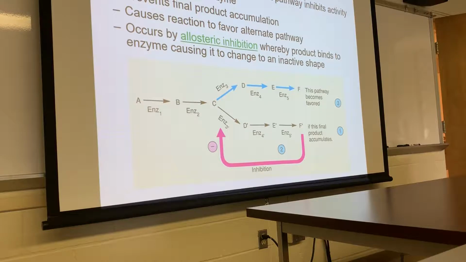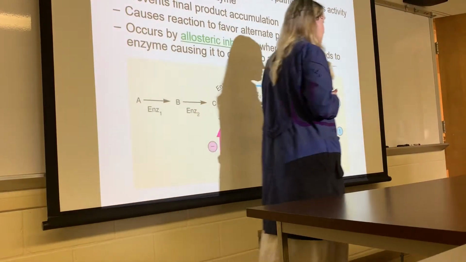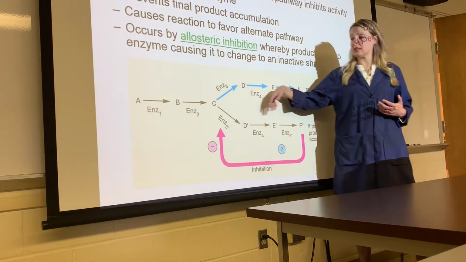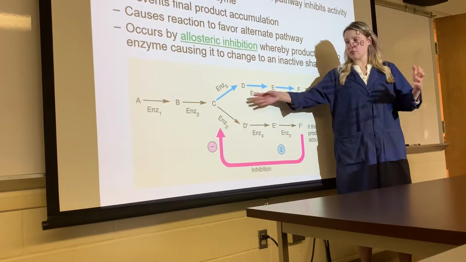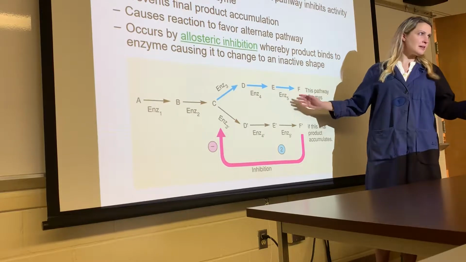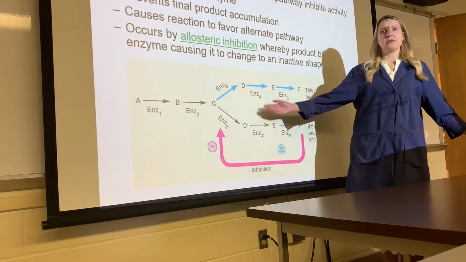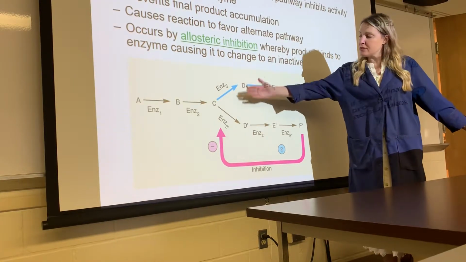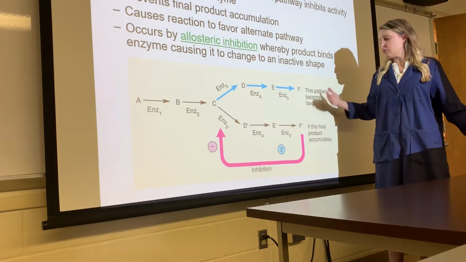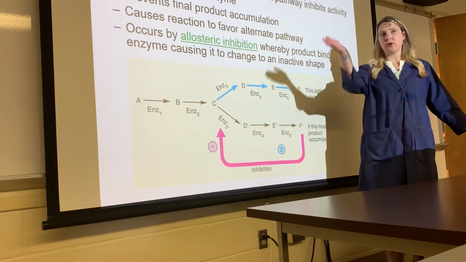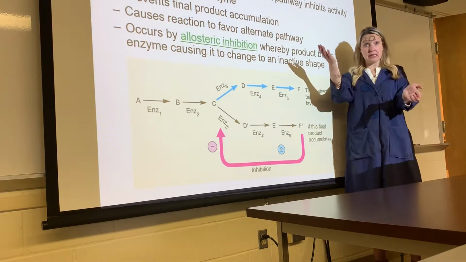Again, this is just illustrating it. These aren't real enzymes. They're just labeled with numbers and prime to distinguish that they're different, but these aren't actual names. But the idea is that if this pathway is favored, say we produced a lot of glucagon, now our blood sugar has gone up to the homeostatic range it needs to be.